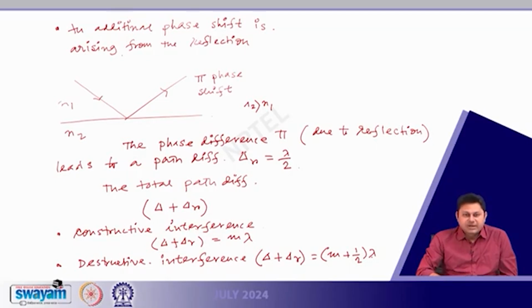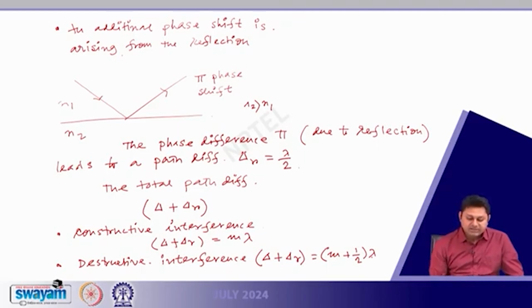In the division of amplitude, if a ray is falling over a surface, a part of the ray can be transmitted, reflect from the second boundary and then come back. Also, another ray is reflected from the surface of this interface, and these two rays are going to interfere. This interference happens because of the division of amplitude.